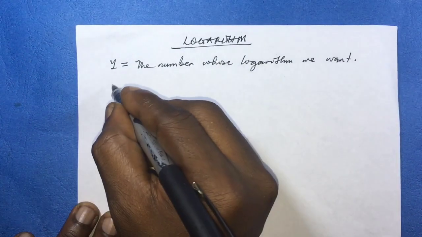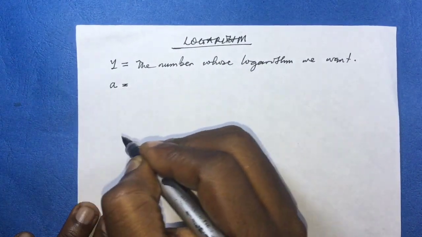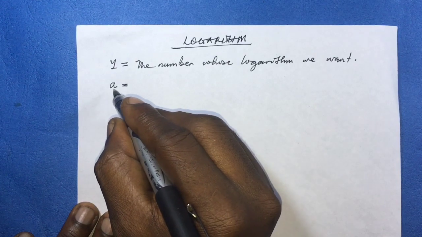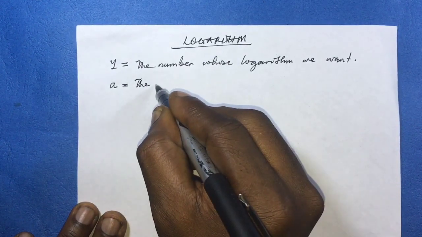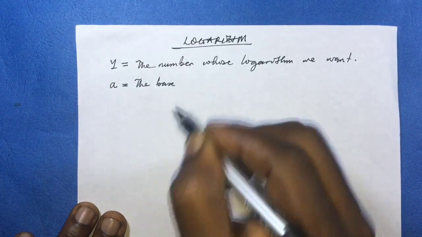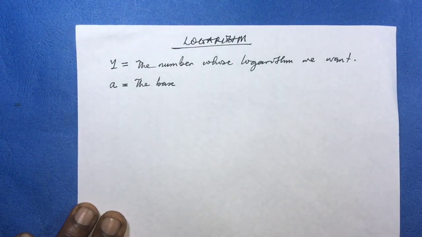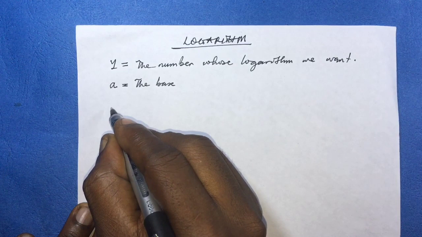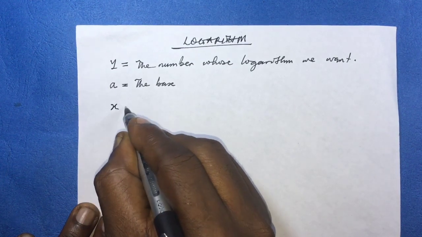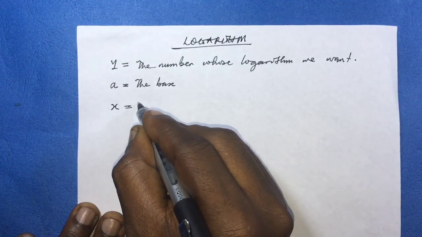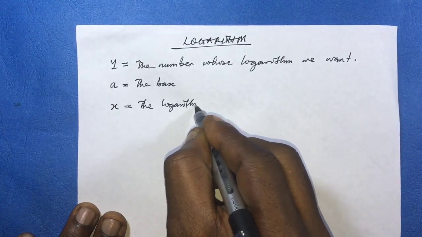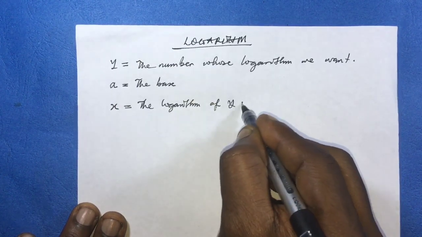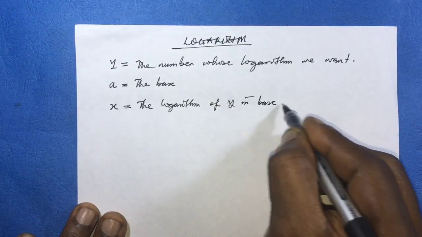So I'm going to call the base in which I'm discussing the logarithm of y, a. So let a be the base. The next thing is the result, which is the logarithm itself. I'm going to call it x. So x is the logarithm of y in base a.